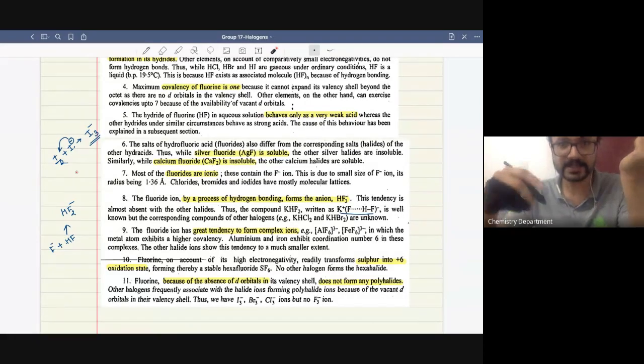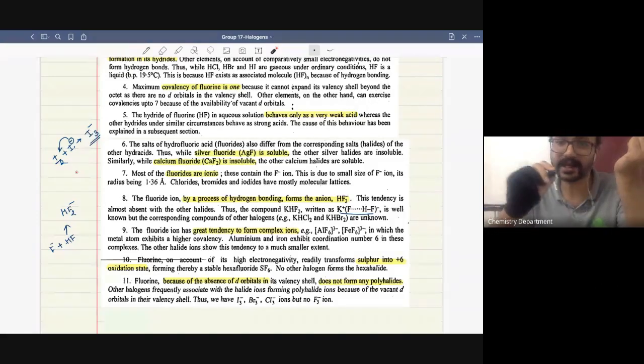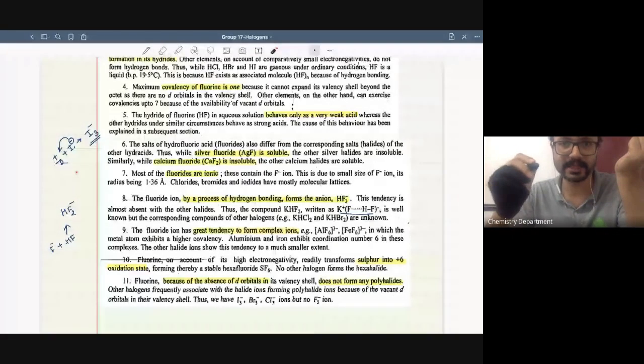So I expect the same. When you wrote the answer for anomalous properties, most of you wrote very short sentences like this. Please do not write like this. I can't give you marks for that. You have to read and find examples for each anomalous property and write something about it.